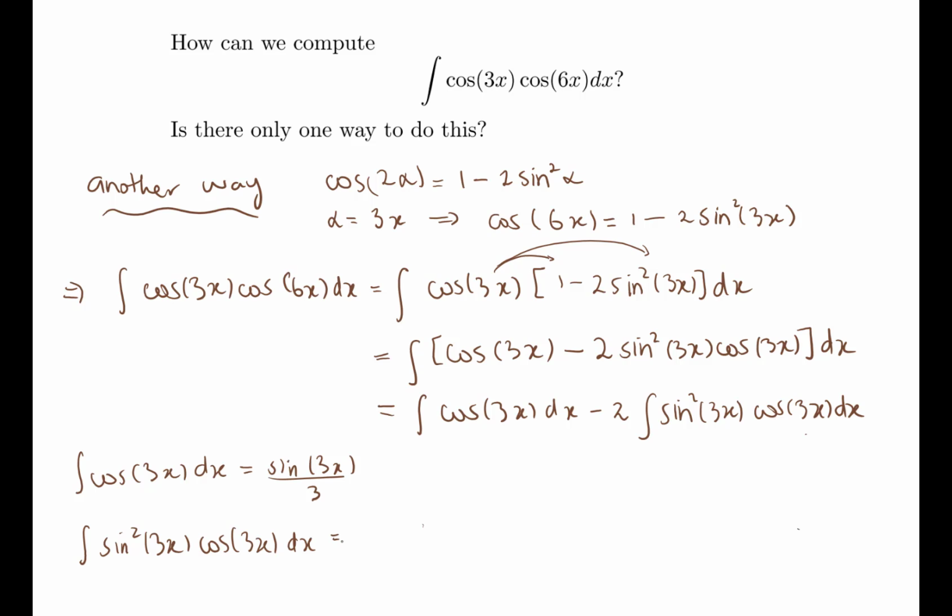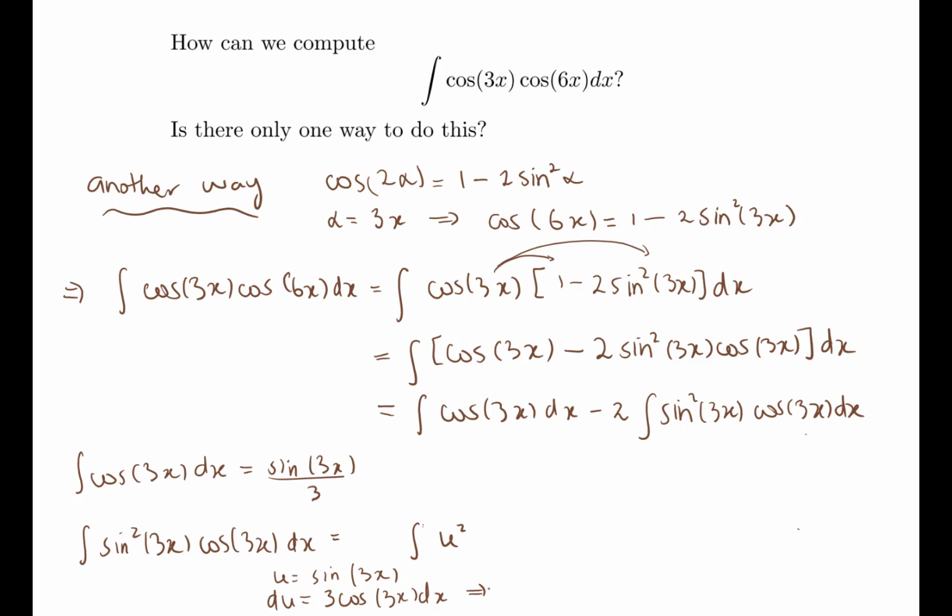We have something with sine and cosine, and if we thought of the integrand as a function of sine, then we would have the integral of u squared times something that is very similar to du, because du would be 3 cosine of 3x.